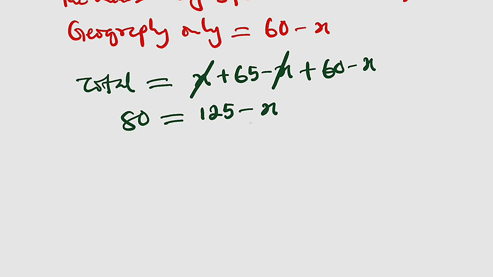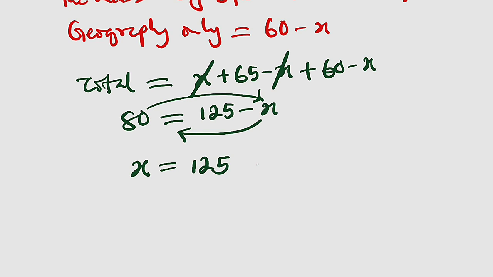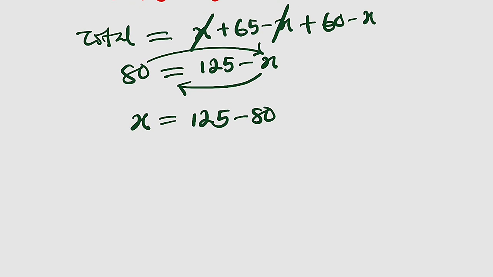All right. You take x to the left, you take 80 to the other side. We have, as negative x crosses to the left, it becomes positive, equals 125. As 80 crosses over, it becomes 80 negative. Then 125 minus 80 is 45. Therefore, x is equal to 45.